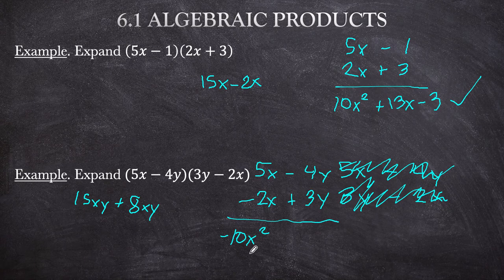So we're going to sum them up. 15 plus 8, since they are like terms, this becomes 23xy. Lastly, negative 4y times positive 3y is going to give us negative 12y squared, since we have y times y. And this is our answer for this example.